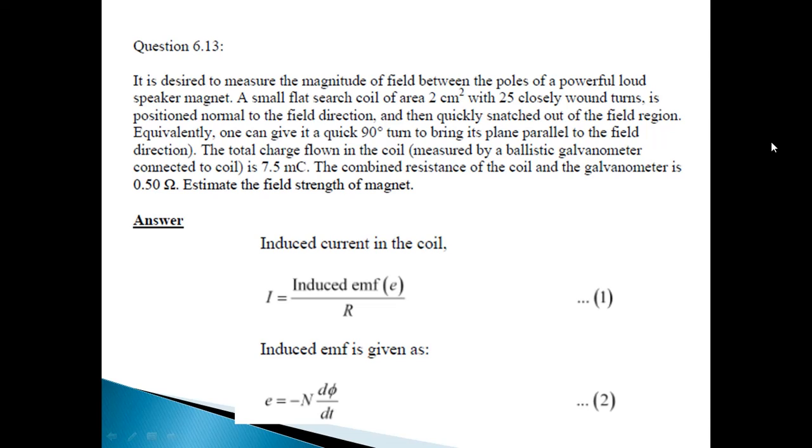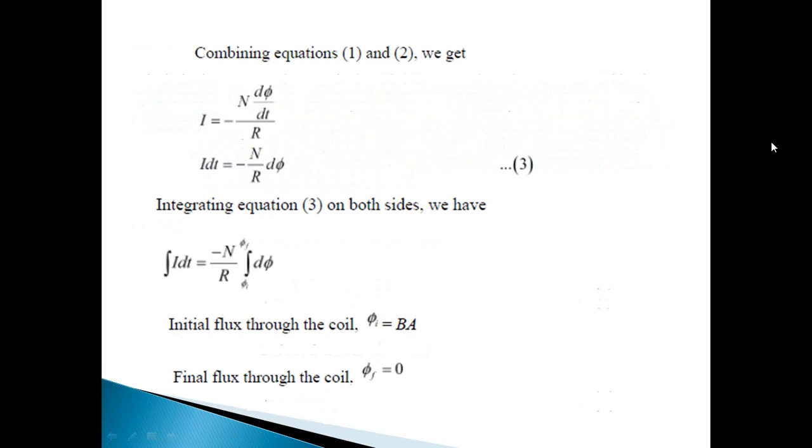So first we will see what is the formula for induced current in the coil. Induced current is induced EMF by resistance. And induced EMF is given as E equal to minus N d phi by dt. So if you combine those two equations, we get I equal to minus of N d phi by dt by R. Or if you cross multiply, you get I dt equal to minus N by R d phi.